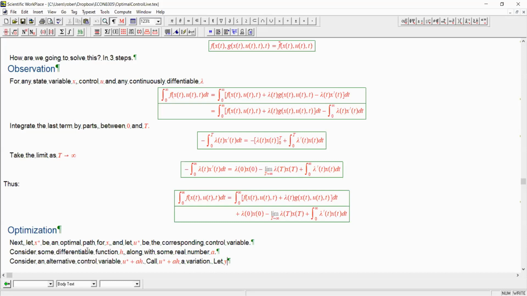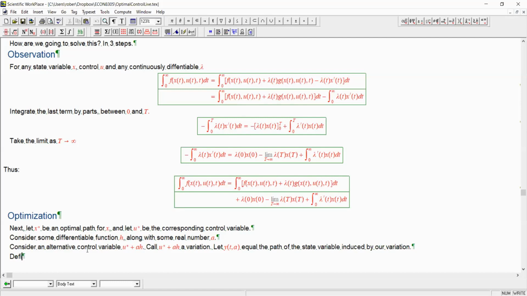Let y of t and a equal the path of the state variable induced by our variation. Again, if a equals 0, then y of t and a equals x star. If a is very small, it shouldn't be far off.